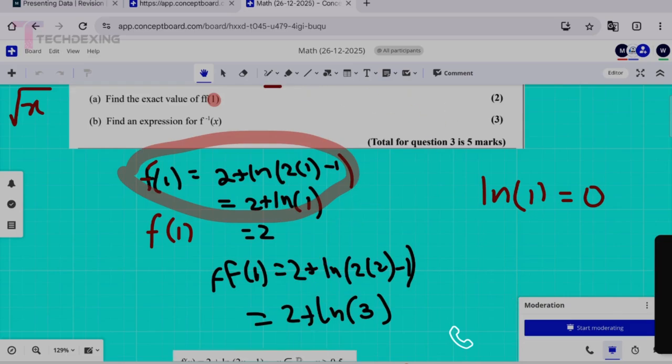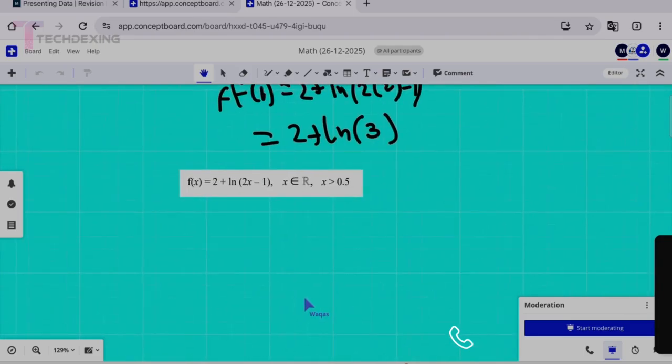Okay, so you can just have a look while finding the inverse of the function. In the very first step, we need to replace f of x with y, right? So it becomes y equals 2 plus ln of 2x minus 1. In the next step, we need to swap x and y.